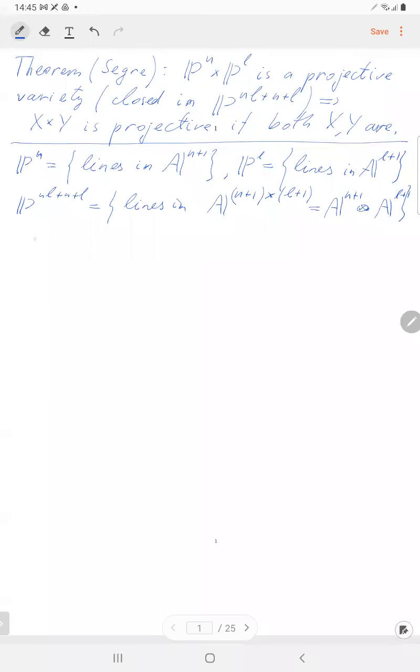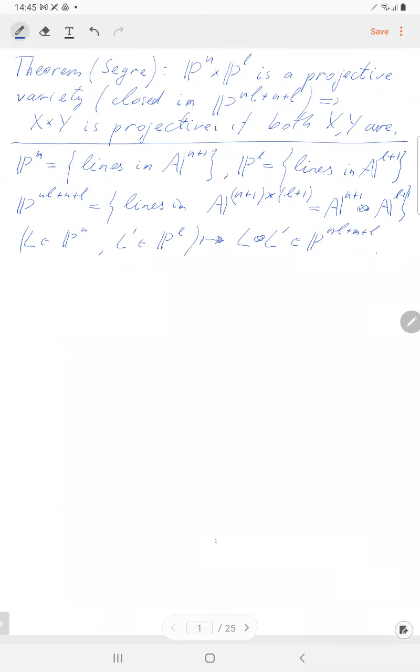So a point L in Pn and L prime in Pl goes to the tensor product line. And this will be a line in P^(nl+n+l).